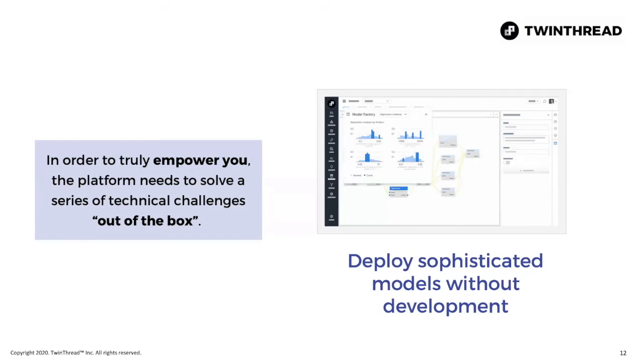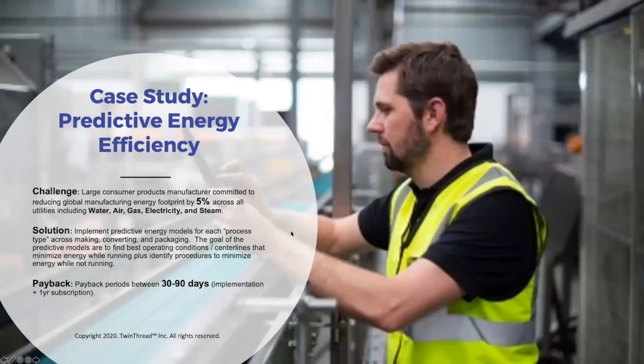And as we'll see in a moment, there are many byproducts that come from having a good, accurate energy model about a particular process, a particular production line, or an entire facility. And the platform needs to be able to deploy those out of the box in order to extract the value from those.